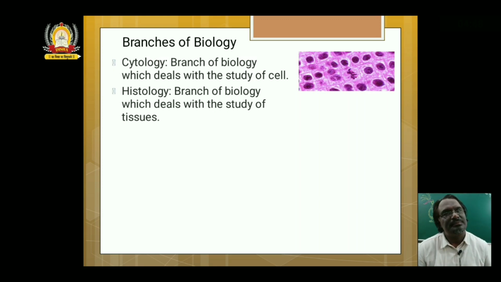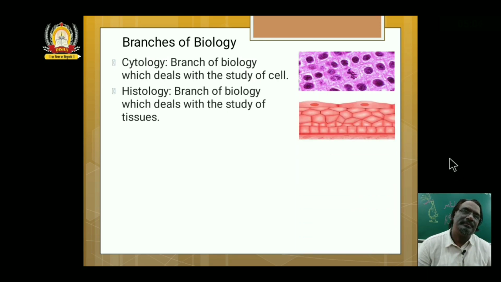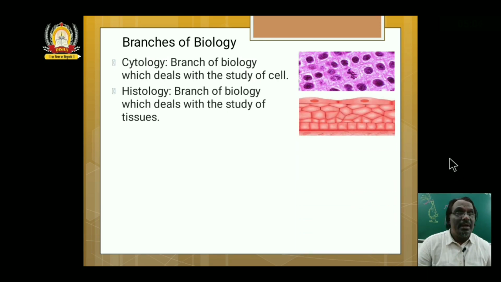Histology. Histology is a branch of biology which deals with the study of tissues. What is a tissue? A group of similar cells, similar in the sense they have same shape, size and origin.